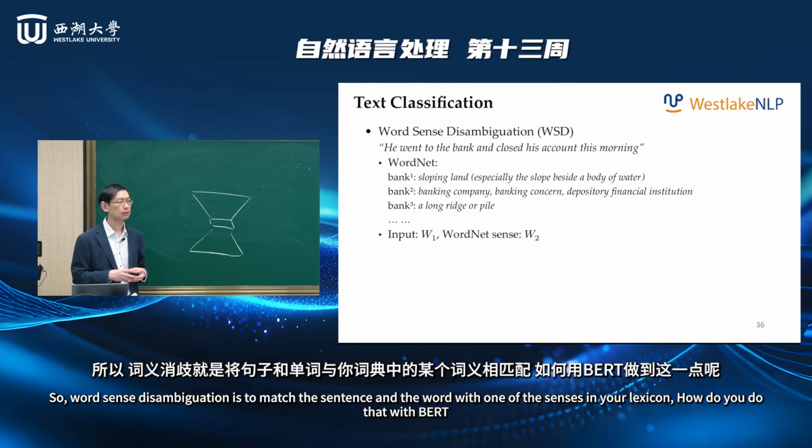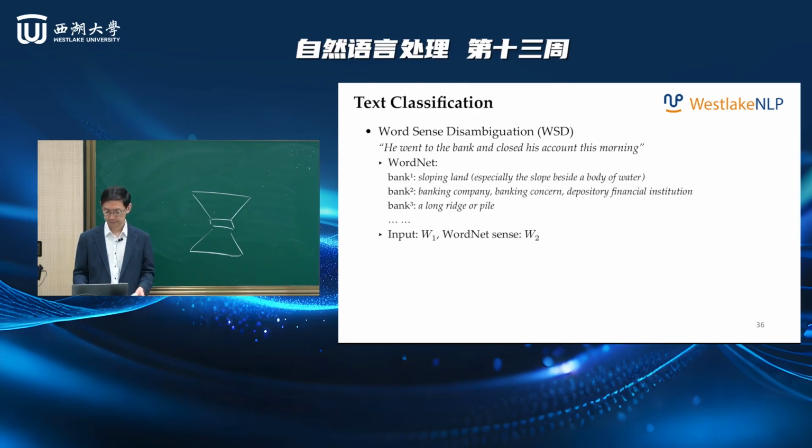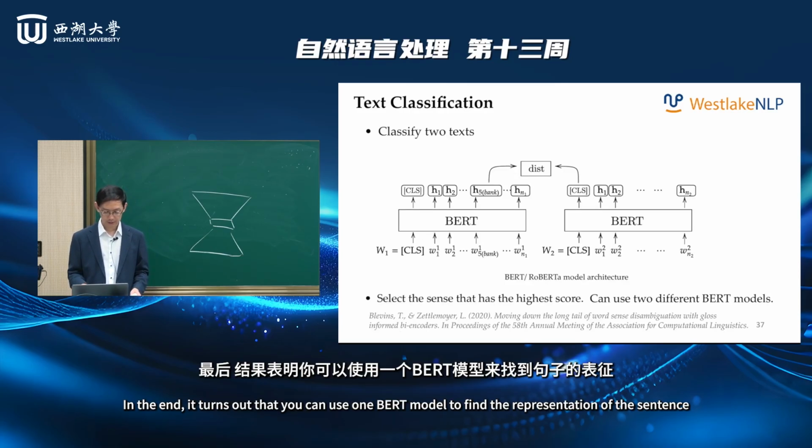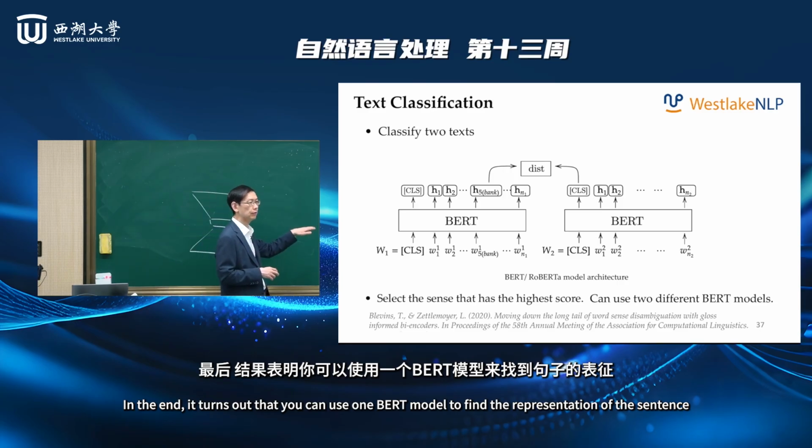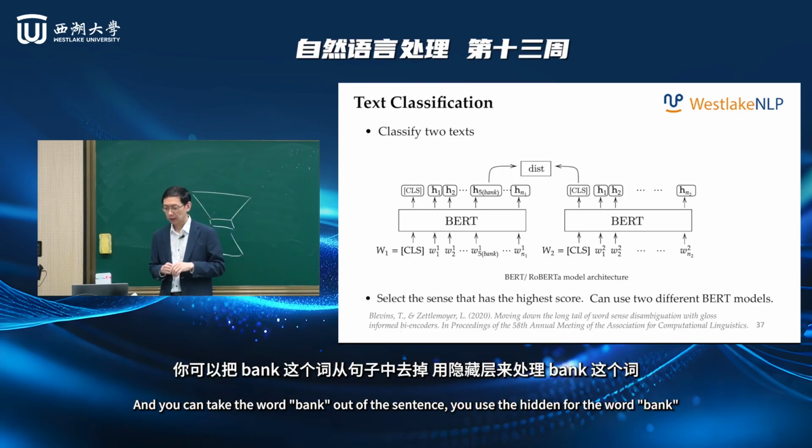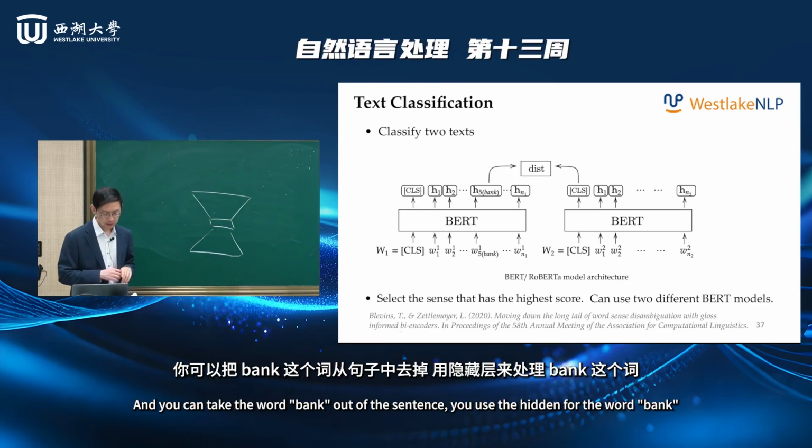How do you do that? With BERT. In the end, it turns out that you can use one BERT model to find the representation of the sentence, and you can take the word bank out of the sentence.